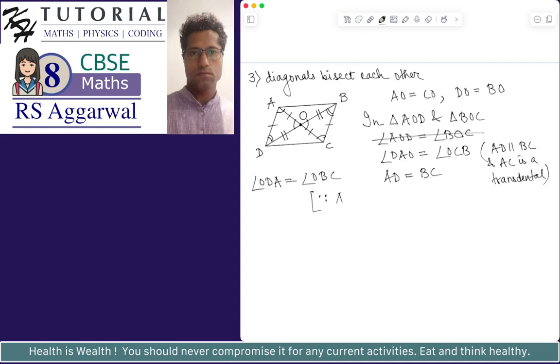Because AD is parallel to BC, and BD is a transversal. So considering the two parallel lines AD and BC and BD as their transversal, we can see that angle ODA and angle OBC are alternate interior angles.